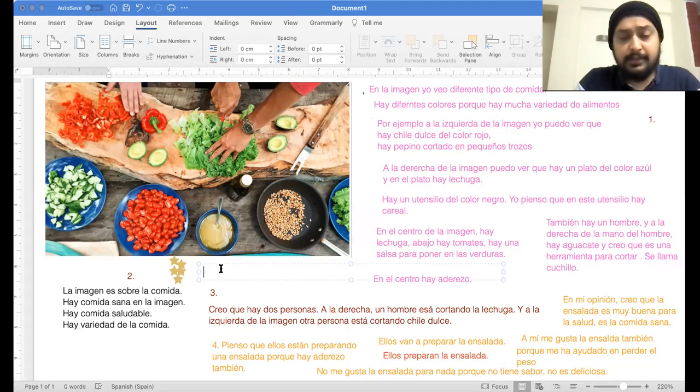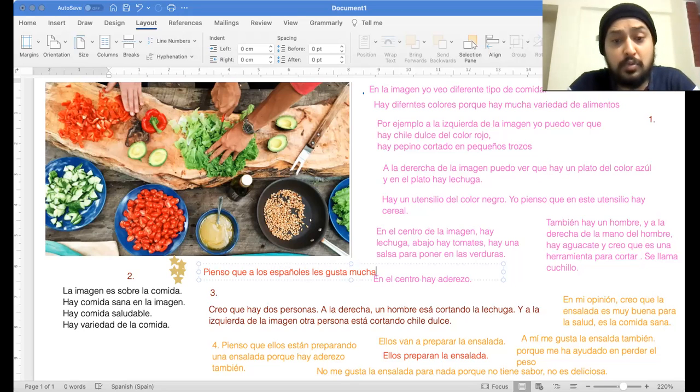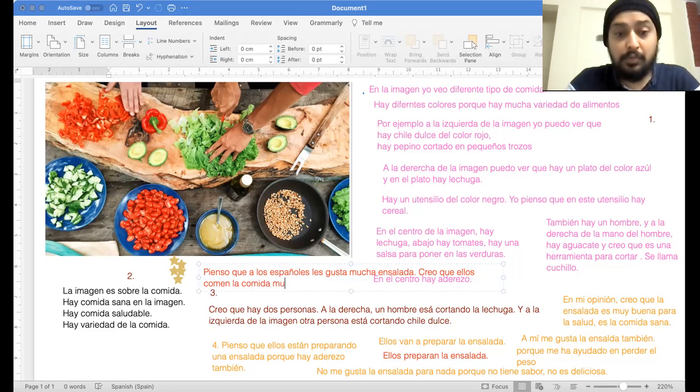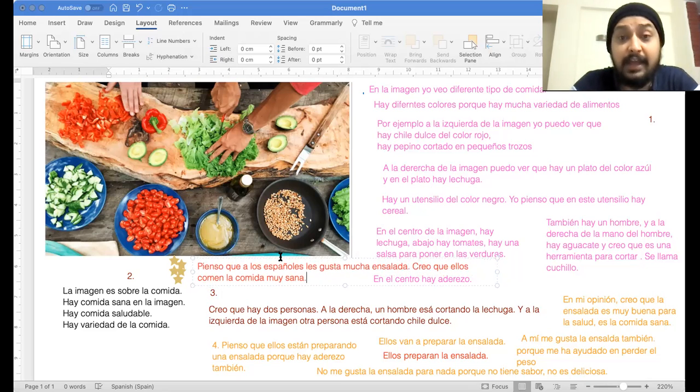Like, pienso que, because you are not sure, pienso que, creo que, a la gente, a los españoles les gusta mucho la ensalada. Creo que ellos comen la comida muy sana. Just one sentence, it's more than enough. At least, it should be there. So that's the fifth and most important part, the cultural element.